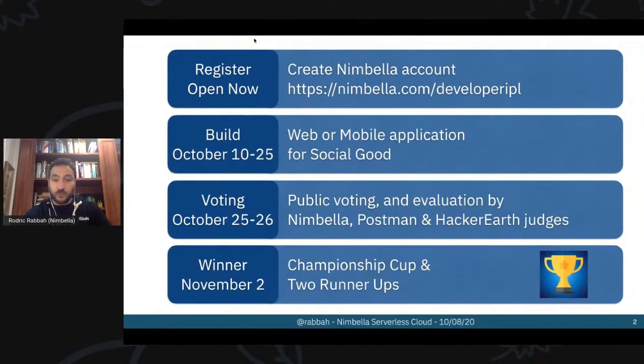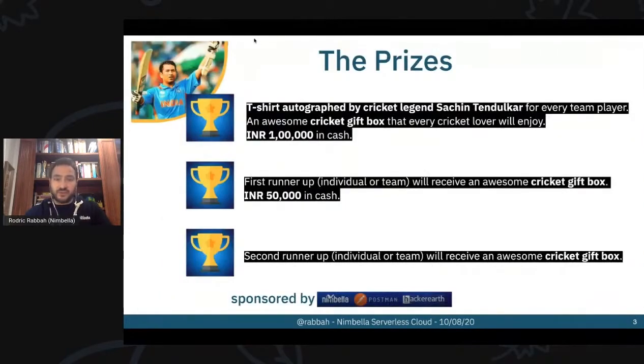There will be three winners. There's a championship cup, essentially the grand prize, and then 2 runner-ups. I'm not a cricket fan, but I looked up a little bit about Sachin, and it looks like he is a great cricket legend. So I think this is exciting for a lot of people. For the winning team, every player on the team gets one of these autographed shirts.